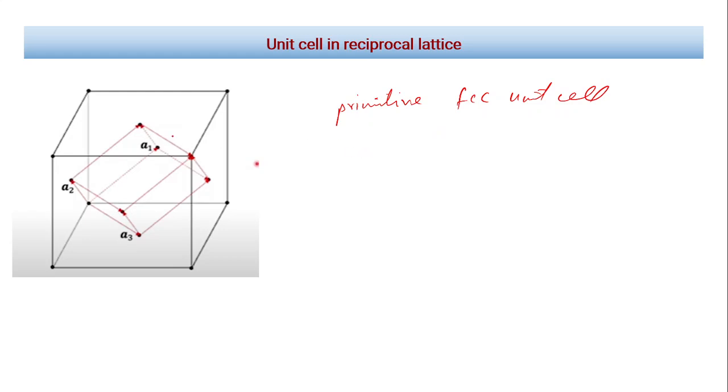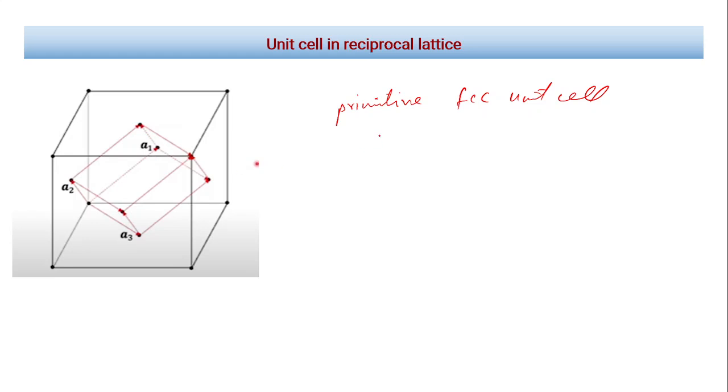Because all the face center atoms that were actually face center atoms for this black unit cell, which was the conventional FCC unit cell, they all are on this primitive unit cell, but they are not inside, they are on the corner. So the total contribution is still, you see this red cube, all the atoms are only on the corners.